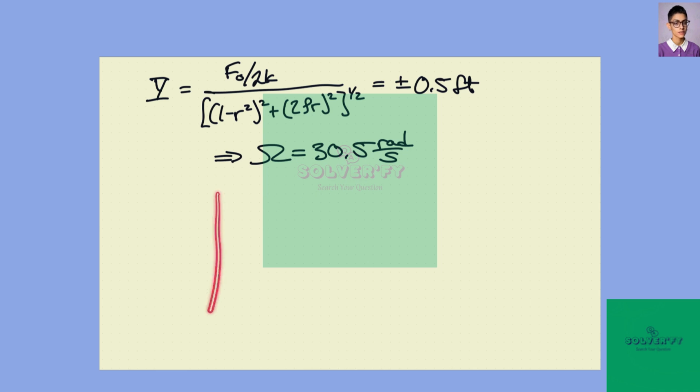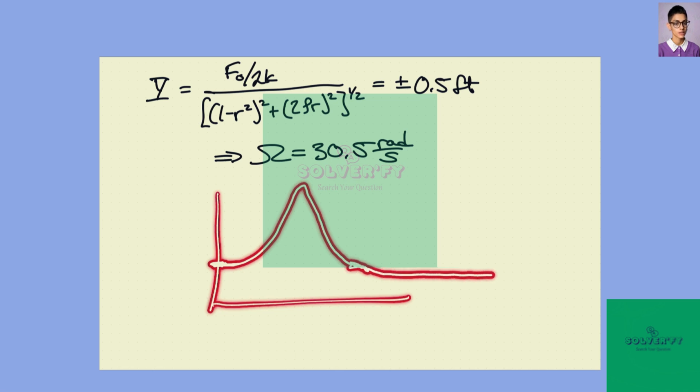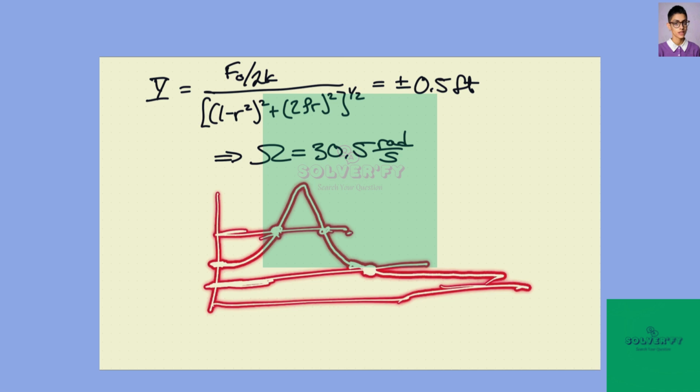Because in this system we start here at what we call a DC offset, or a static displacement, come up here, hit our resonance, and then come back down, and then eventually decay down here to 0 again. But what we're looking for is an amplitude down here, so there's only one value, not one on each side. If we were looking for a larger amplitude, we'd find two values, but now we only find one.